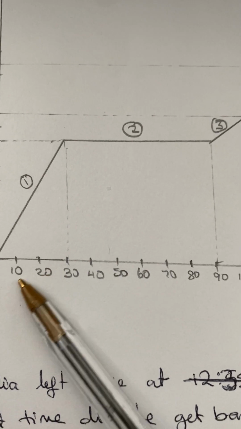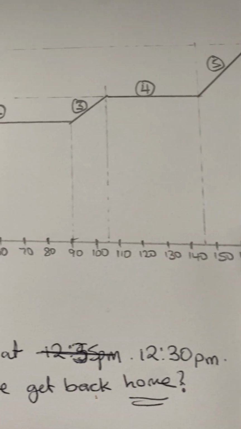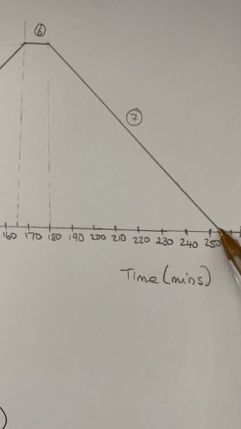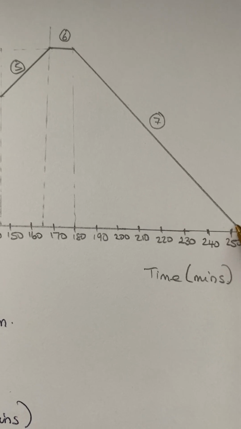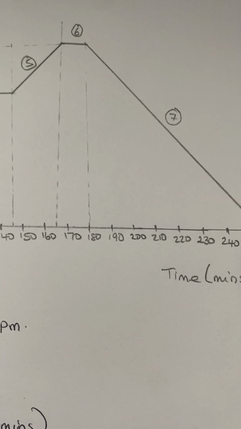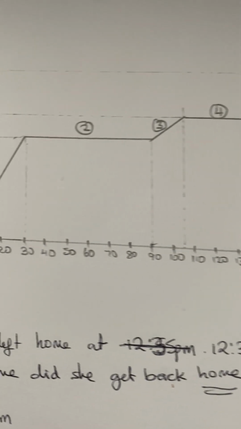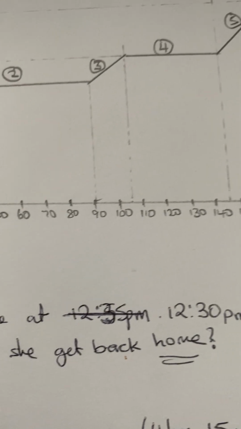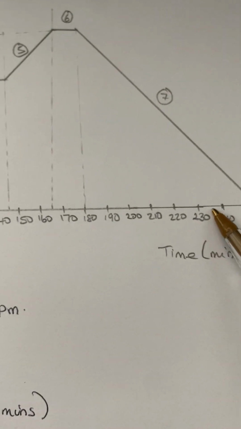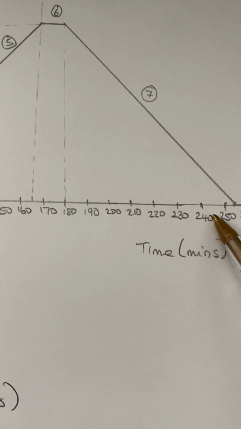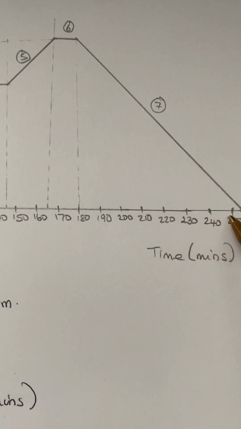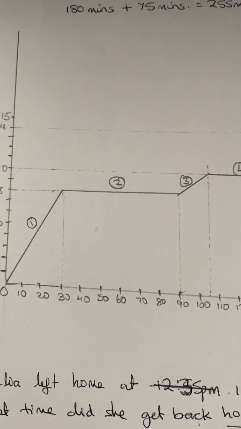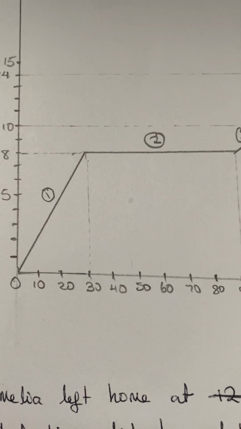If you do that, you can compress the distance and use most of your graph. I did it for explanation purposes, to show you how important it is to plan from the beginning. Time graph questions are fairly easy.